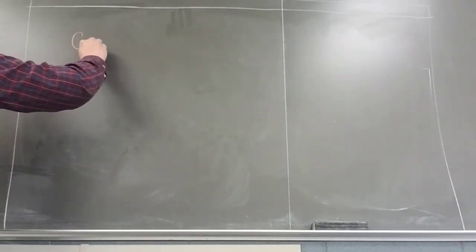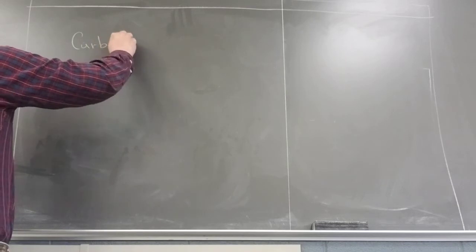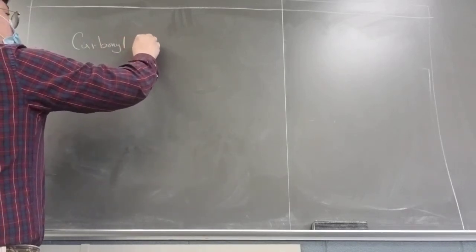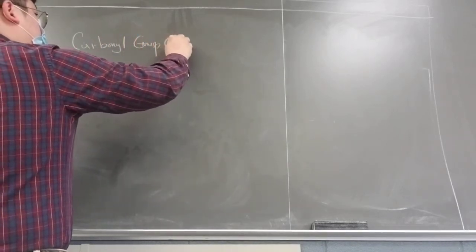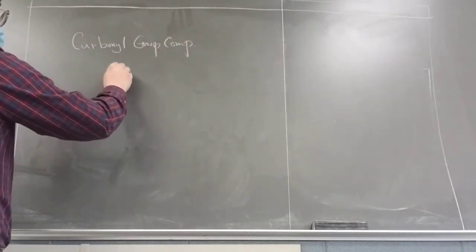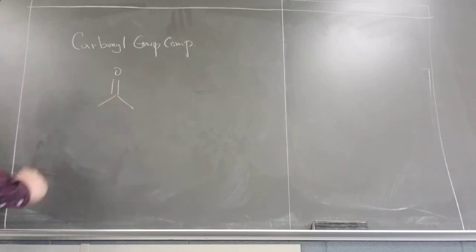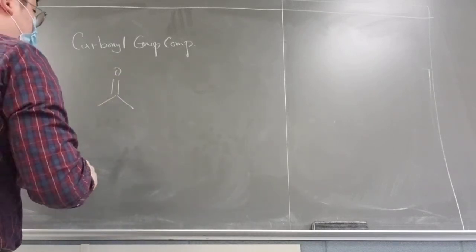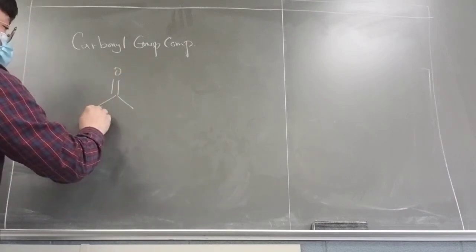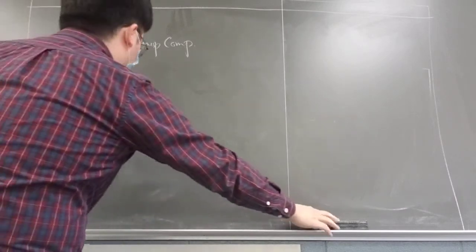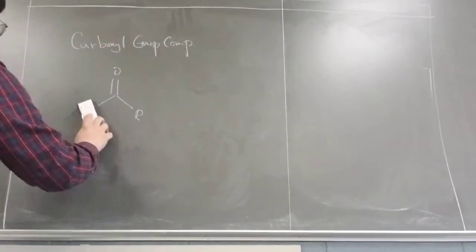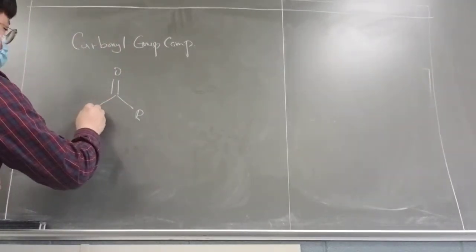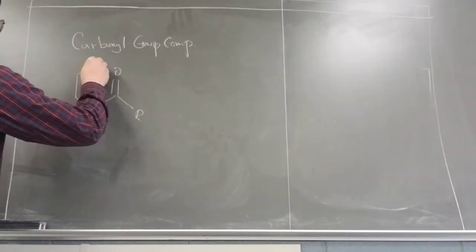The other one is anything that has a carbonyl group, or you can say carbonyl compounds. Meaning you have anything that looks like this: a carbon with a double bond to the oxygen, with R groups on the other side. If that is the case, what can possibly happen is this.